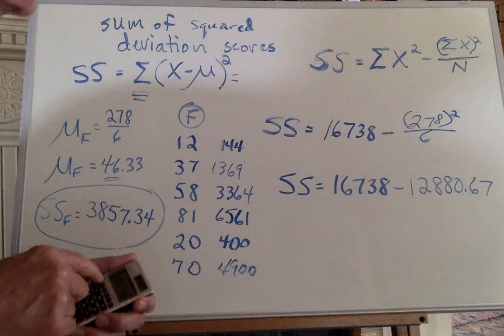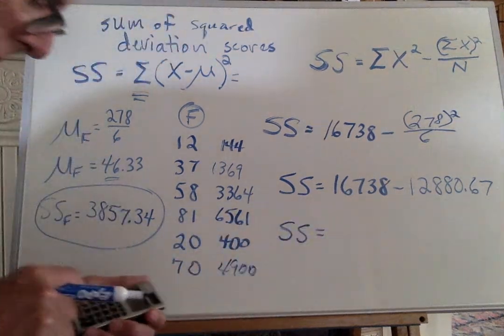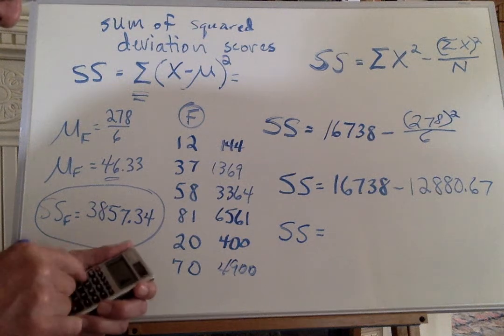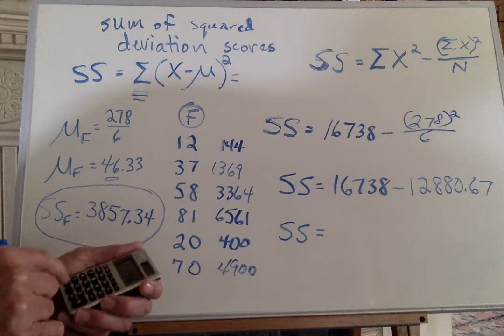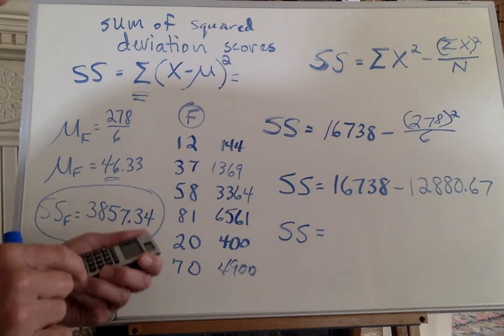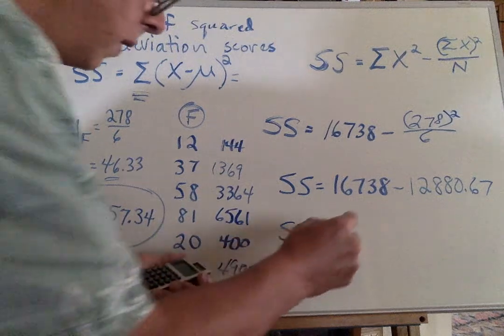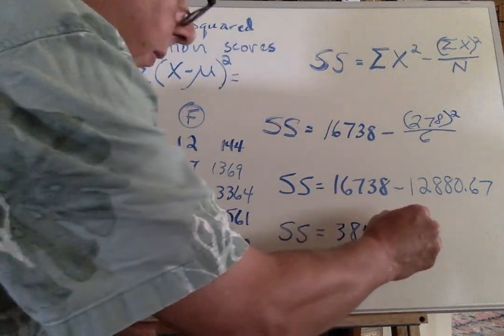And so we're going to subtract that, 12,880.67, and that gives us 3,857.33.